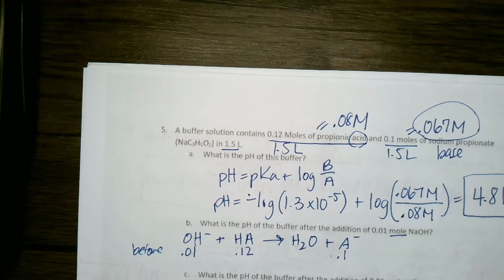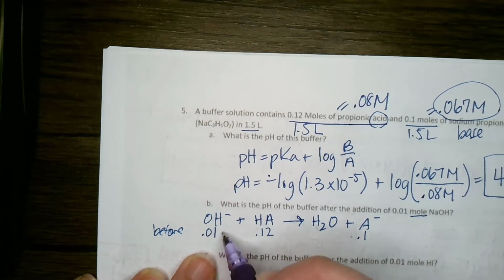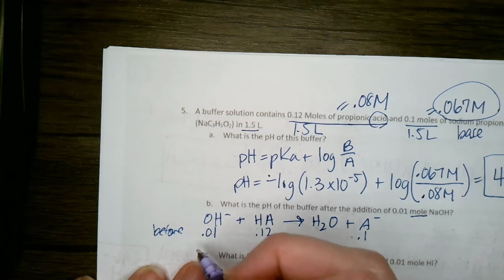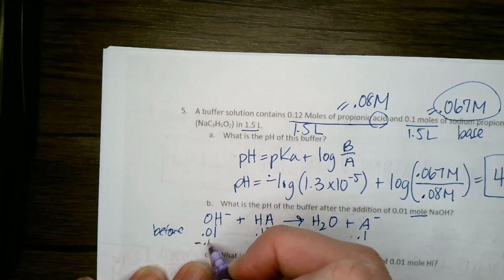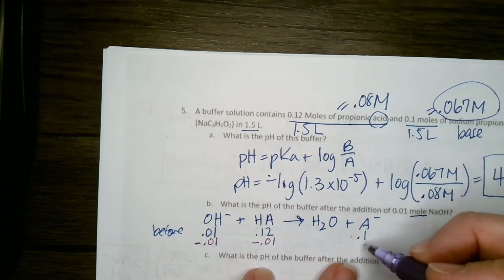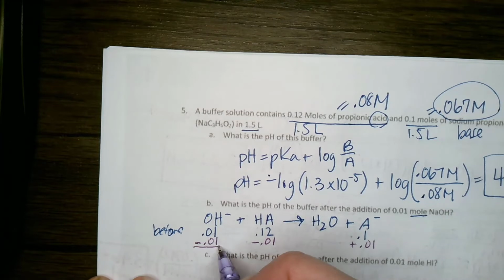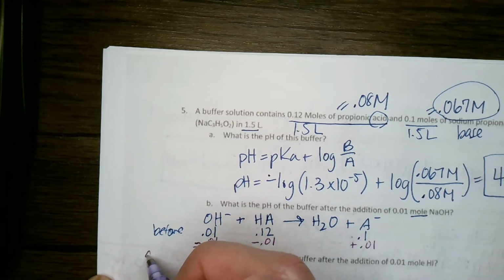Now let's look at what's going to get used up here. Definitely the smaller one will get used up first. So we're going to subtract 0.01, subtract 0.01, add 0.01. So there's not going to be any of that left. So this is after.